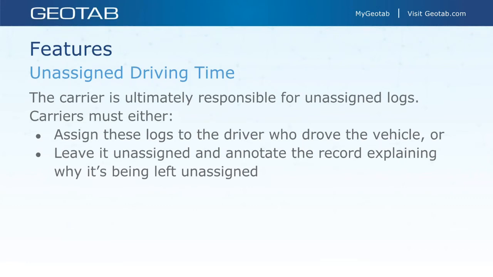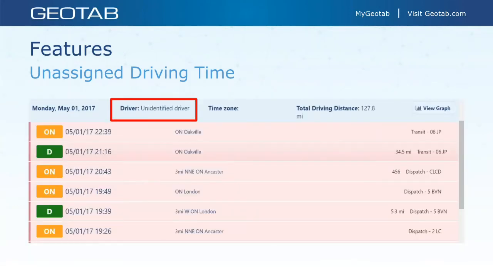Has to be one or the other. So you go into the database, you can run logs for an unidentified driver, and again, you have two options. Those logs need to be assigned to a driver, or they have to be left unassigned and annotated as to why.